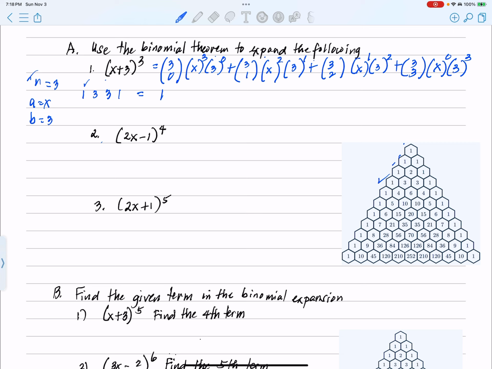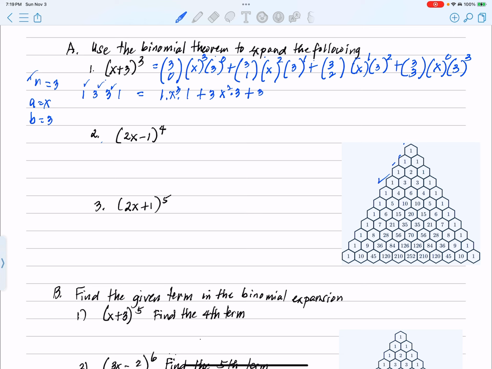Then x to the third times 3 to the 0, that's 1. 3 choose 1 is 3. Okay. Then x to the second, 3 to the first. Okay. Plus 3 choose 2, it's 3.